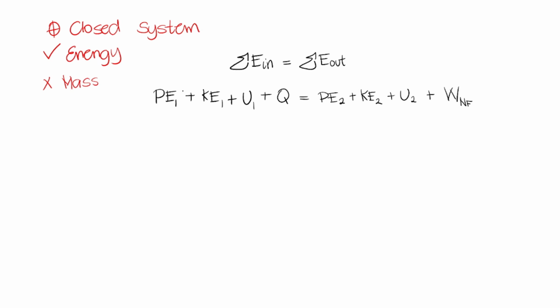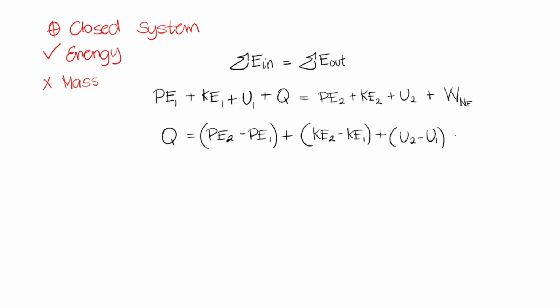So simplifying this, transposing this to the right side, we will have Q is equal to PE2 minus PE1 plus KE2 minus KE1 plus U2 minus U1 plus our work non-flow.